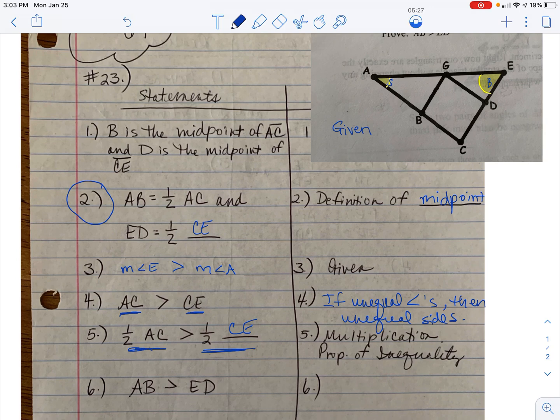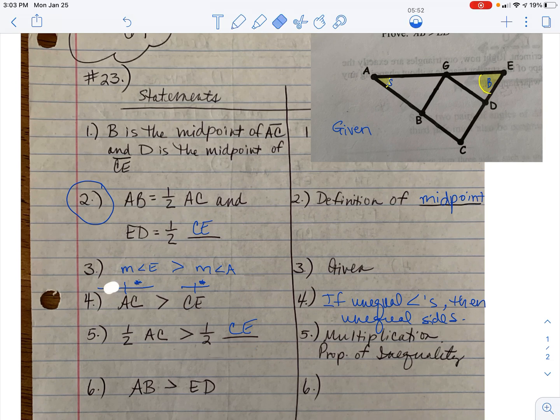That would be like, let's say we had a piece of string and it's this long and I cut it in half right there. And then I have a piece of string that's this long and I cut it in half. Well, you can tell that a half from this piece of string is going to be larger than a half of this piece of string. And that's all that says in step number 5.